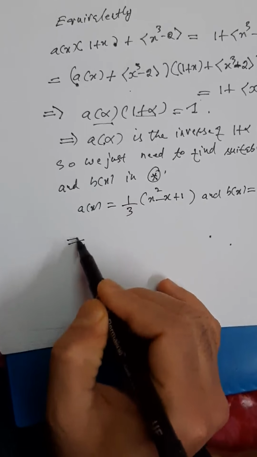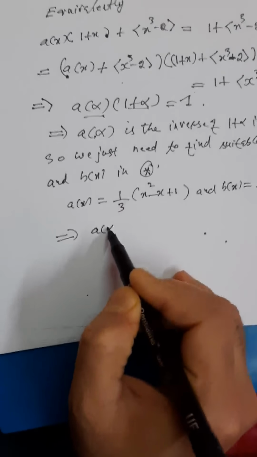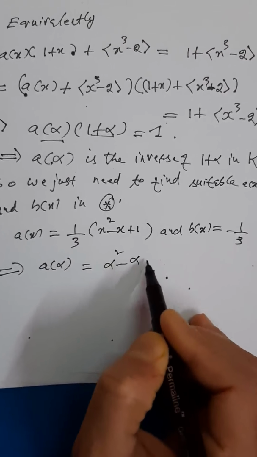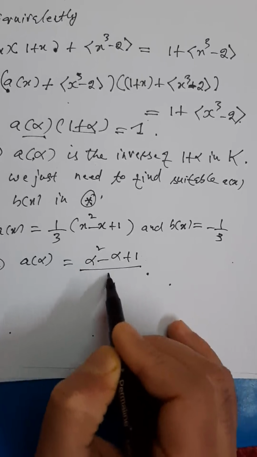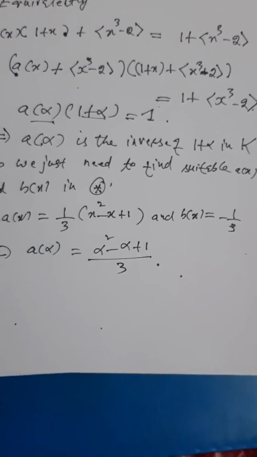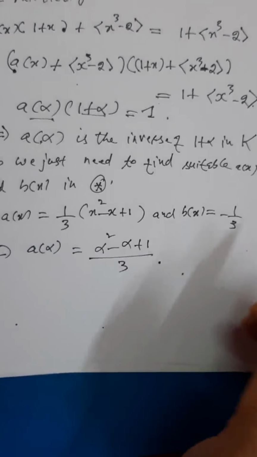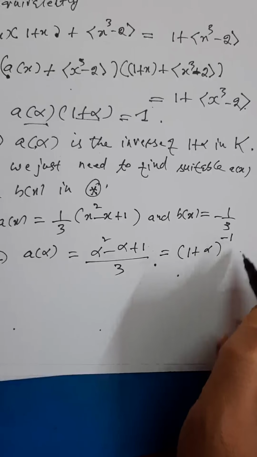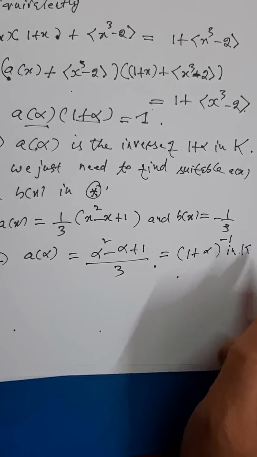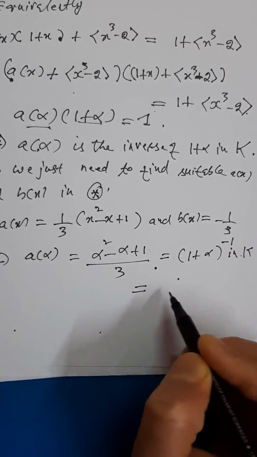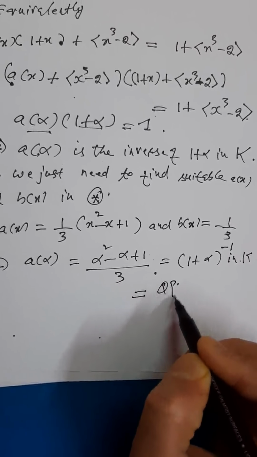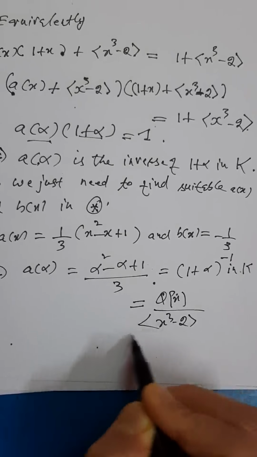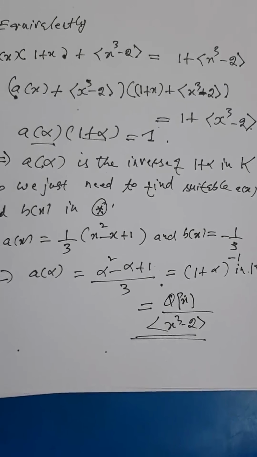So this means a(alpha), which is (alpha square minus alpha plus 1) by 3, is equal to the inverse of 1 plus alpha in K, which is Q[x] over the ideal generated by x cube minus 2. Okay.